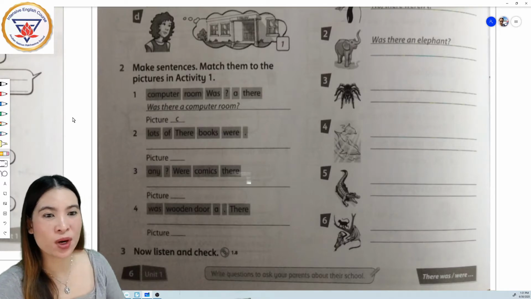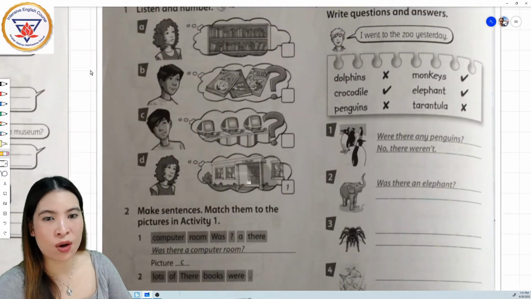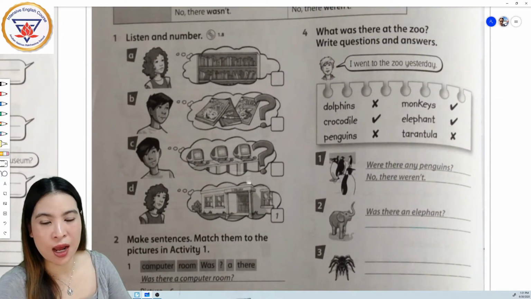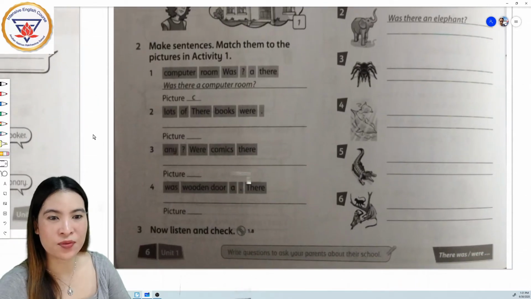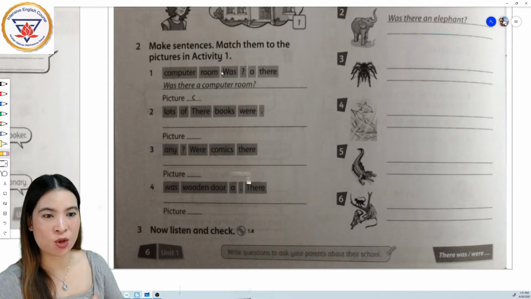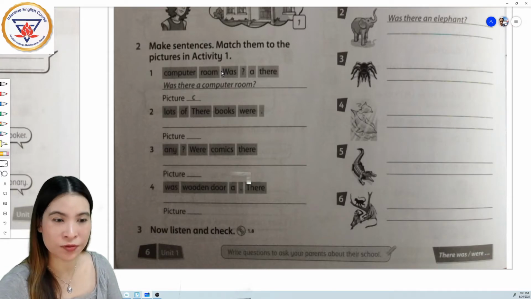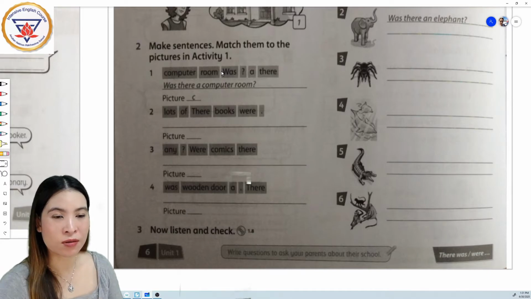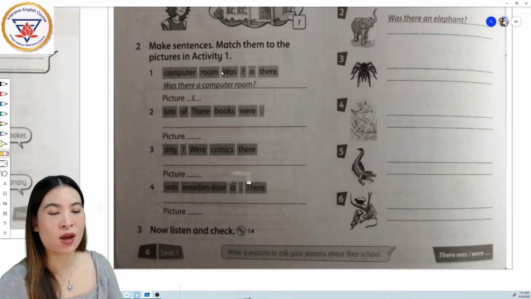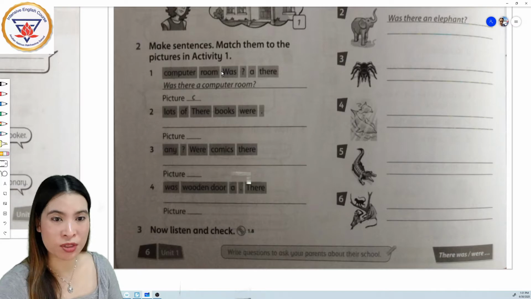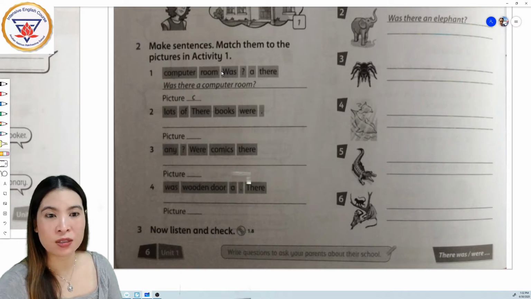So in activity 1, there are pictures, and then for this activity 2, they have words that you need to rearrange to the correct structure of was there, there was, were there, there were structure that I've been teaching you.